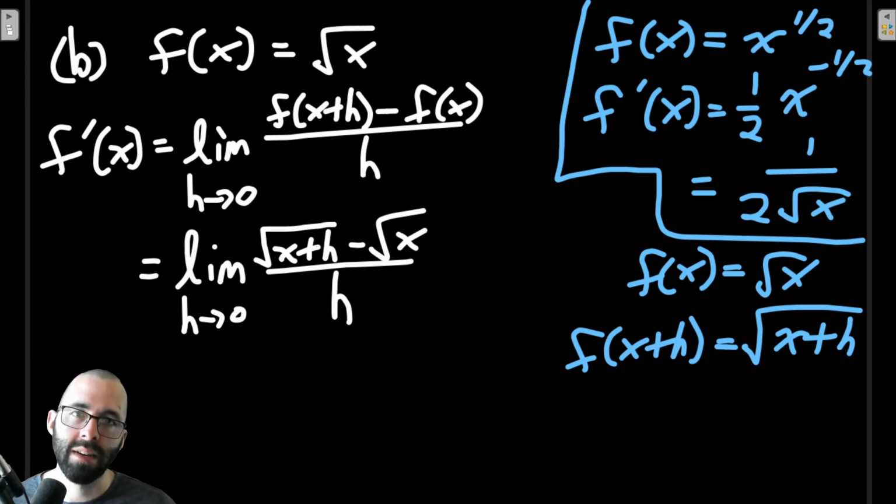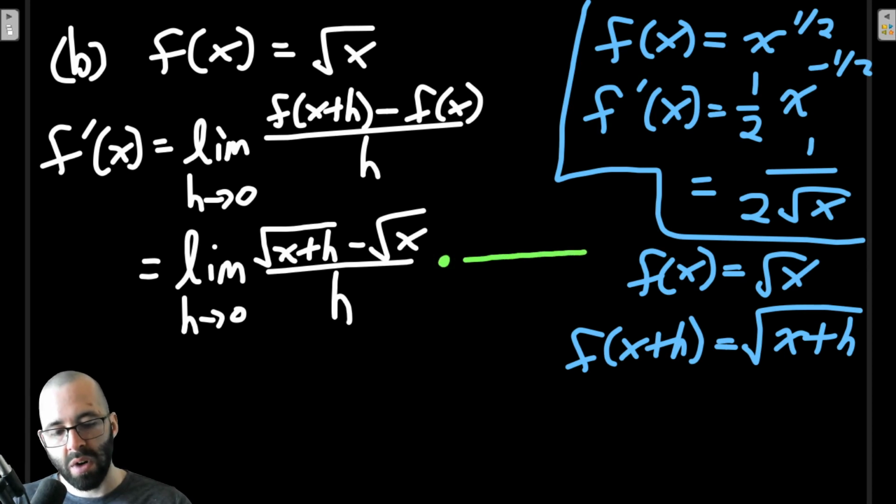So there's a trick. Anytime you see a square root in these definition of the derivative ones, you're going to use the same trick. Here's what we're going to do in yellow. We're going to multiply by the conjugate of the numerator. Think all the way back to complex numbers and stuff.